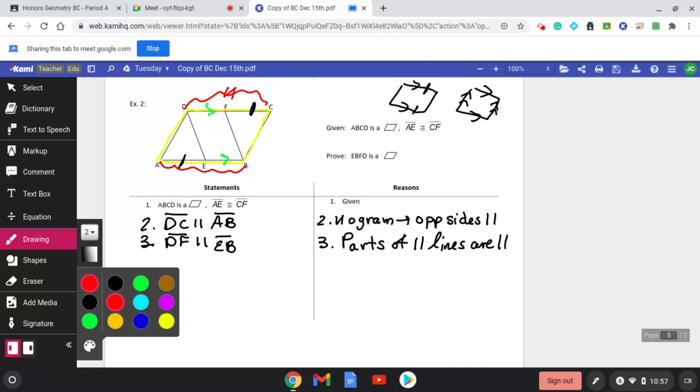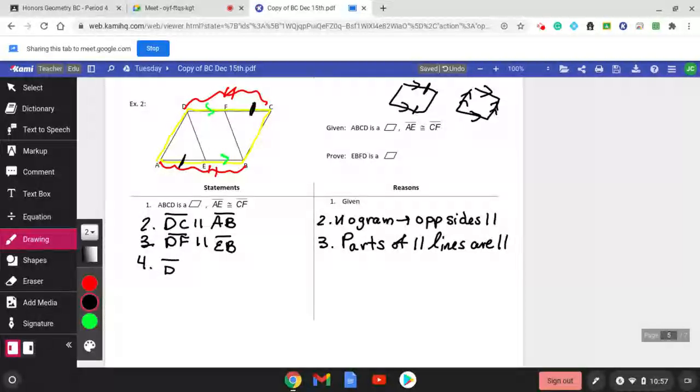All right, everybody, I know DC is congruent to AB, and some of you guys are getting ahead of me, which is great. DC congruent to AB. Parallelogram implies opposite sides congruent. And then hopefully now you guys see the subtraction.